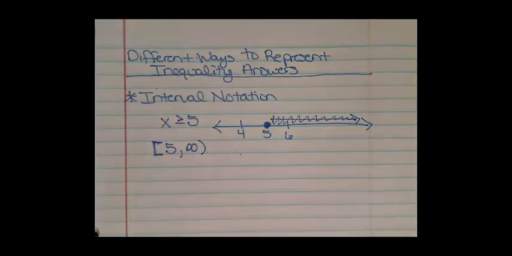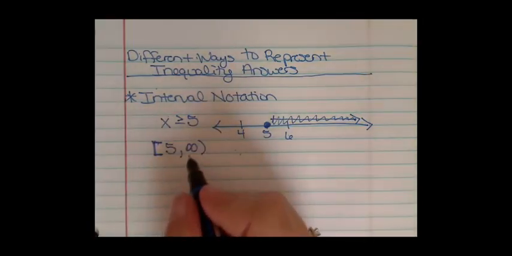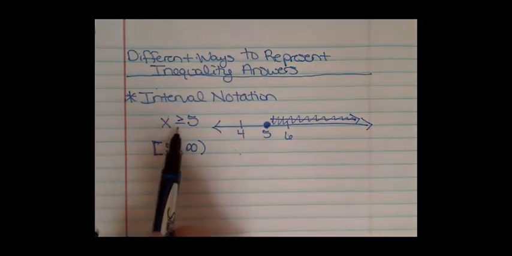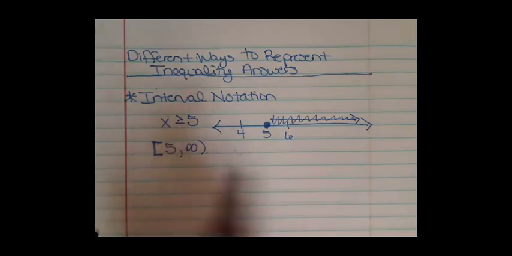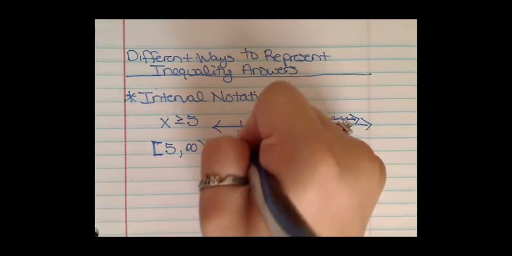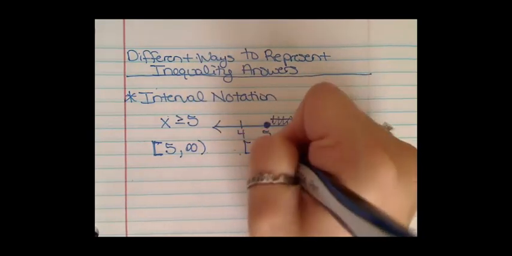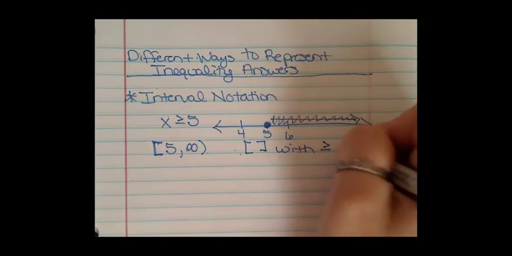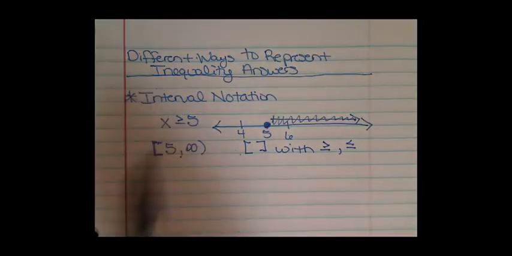You use the closed bracket when you're doing greater than or equal to or less than or equal to. So you'll use these brackets with greater than or equal to or less than or equal to, because that means you're including this 5 in there. This 5 is going to be included in this set.